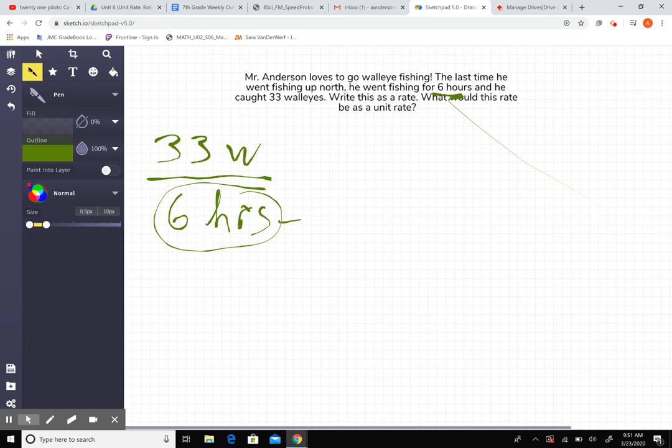Well, if I divide it by itself, so in this case 6, I would also have to do the same thing to the top because you can't do one thing to one side and then not do the same thing to the other. All right, but if I divide by 6, 6 divided by 6, if I look on the bottom, is just 1 hour.